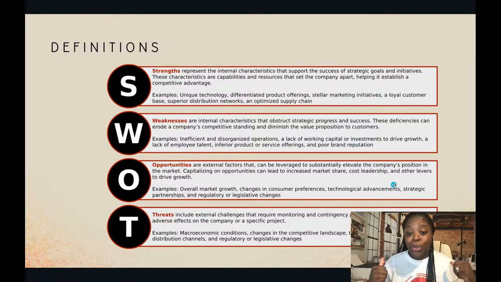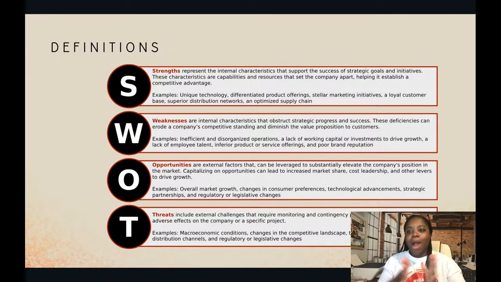Opportunities, external things, right? So market growth, a technological advancement happening, partnerships, right? These are opportunities that are external factors to the organization. And then the threats, once again, I said hackers and cybersecurity issues, but there are other things that can happen depending on the project that can be impacted due to this new idea happening.